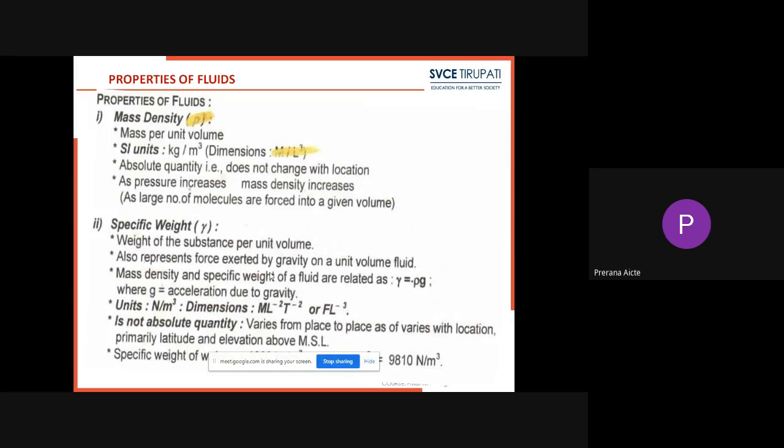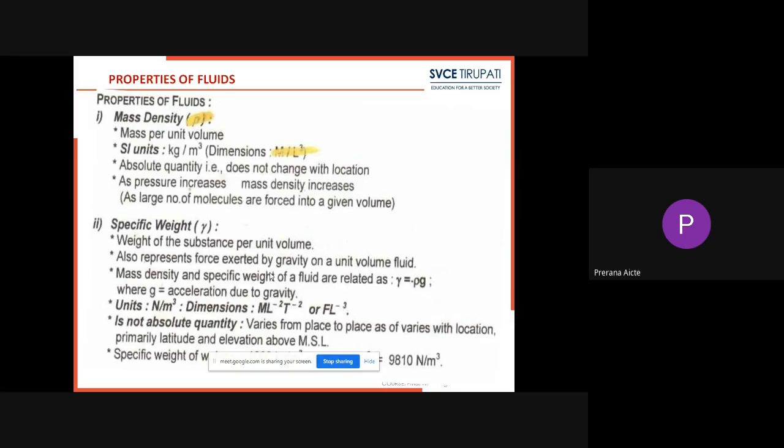That is, if the acceleration due to gravity acts on a substance, then we can calculate the specific weight. Otherwise, we can calculate only the mass density. Here in this formula, gamma equals rho into g, g is the acceleration due to gravity, and it has the units Newton per meter cube, and the dimensions are M L power minus 2 T power minus 2.